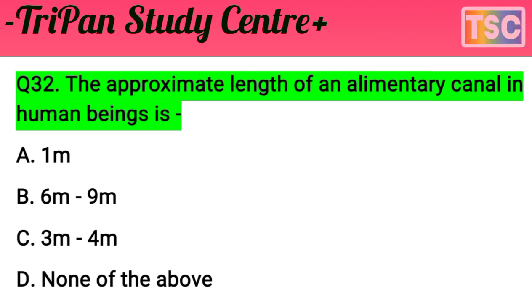It is a significant part of the digestive system as it carries food through the different digestive system parts, and it is approximately 9 meters long. So the correct answer here is 6 to 9 meters. Option B is correct. Let's see the next question here.